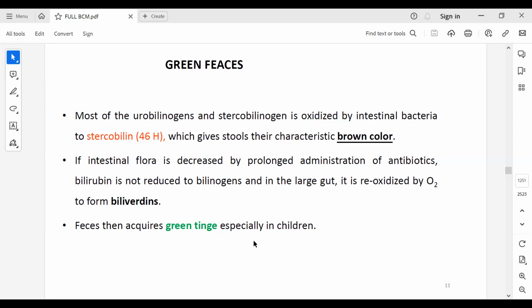If intestinal flora is decreased by prolonged administration of antibiotics, and that's why sometimes doctors ask you what is the color of your feces, and if that antibiotic has removed most of your normal flora, you end up having feces which have a bit of green tinge, because of this reoxidized in the gut to biliverdins.